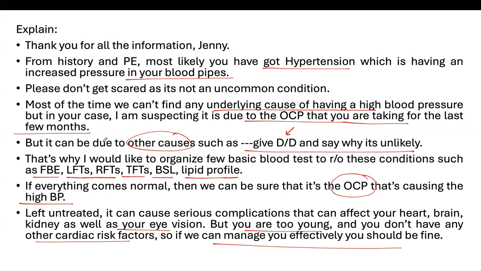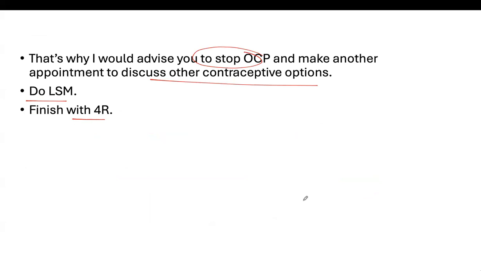They are too young to get hypertension, right? So for this group of patient, yes, we will do the blood test. Okay, so do the blood test, make sure that you stop the oral contraceptive pill. You don't need to talk about a lot of complication because once you stop the oral contraceptive pill, the patient's blood pressure should come down to normal.